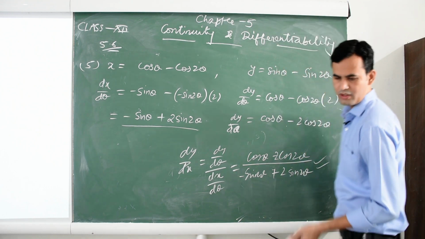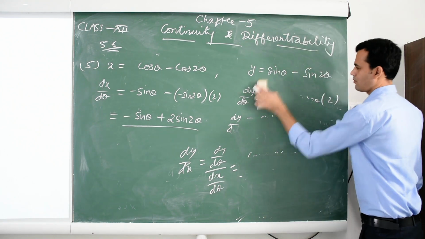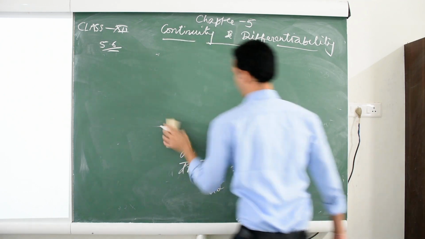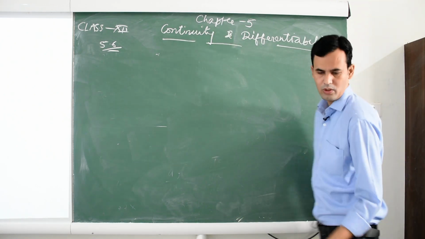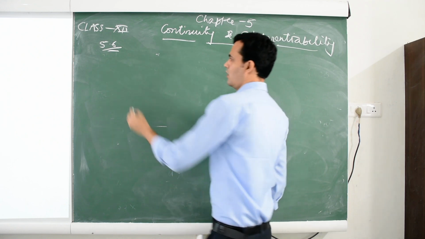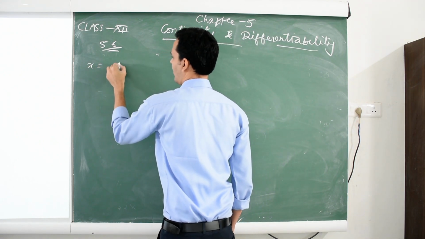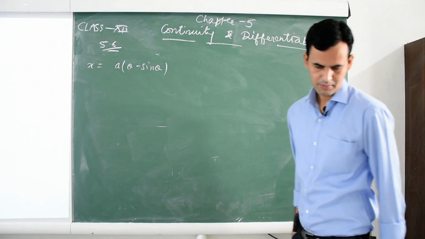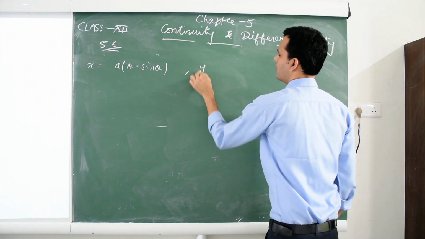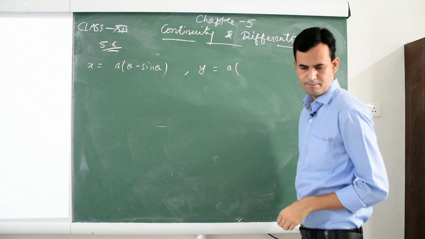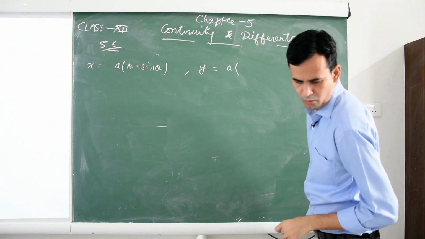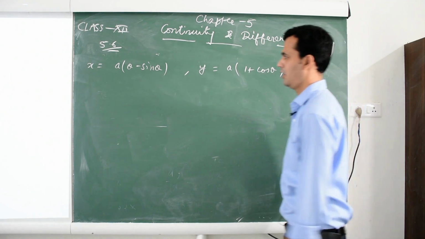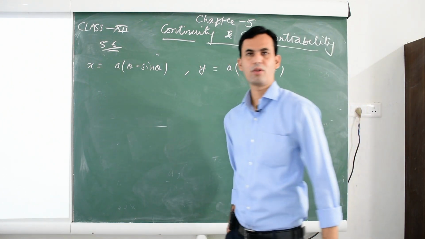Next question, question number 6. x equals a(theta minus sin theta) and y equals a(1 plus cos theta). Differentiate this with respect to theta.